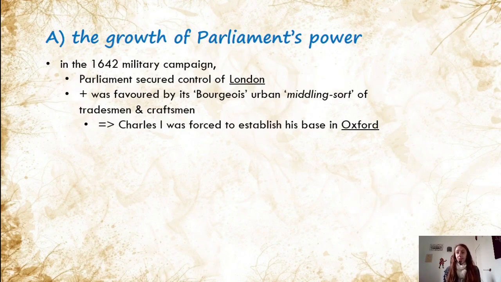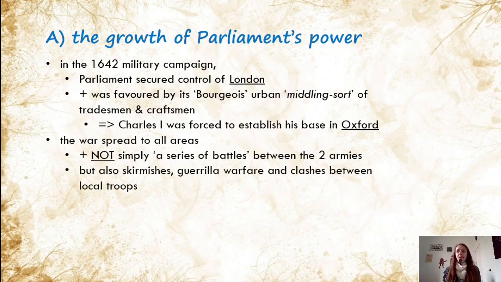Because London had been secured by Parliament, this forced Charles to establish his base in Oxford. And the war started to spread to all areas. It was not simply a series of battles between the two armies, but also skirmishes and guerrilla warfare and clashes between local troops.